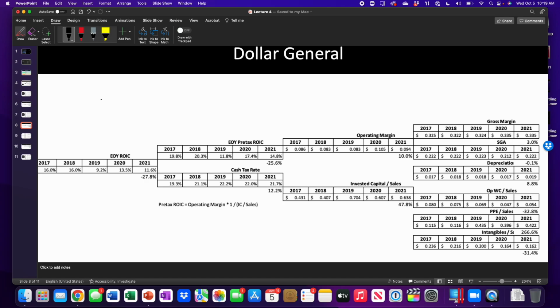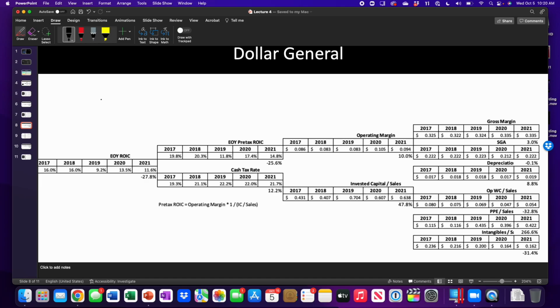Which then was slightly worsened by the tax rate going from 19.3 to 21.7, which led to the overall after-tax ROIC falling from 16 to 11.6. That's Dollar General.